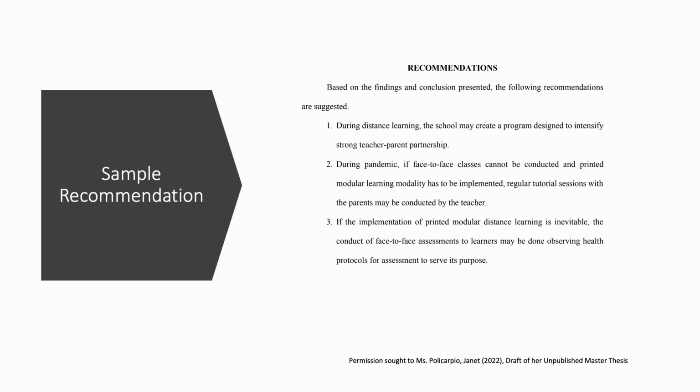So we need to remember the following, or to consider the following, in writing our chapter 5. Okay? But again, I always mention this, no, it depends on the format of the institution, because some institutions only have 4 chapters, so this will be chapter 4.